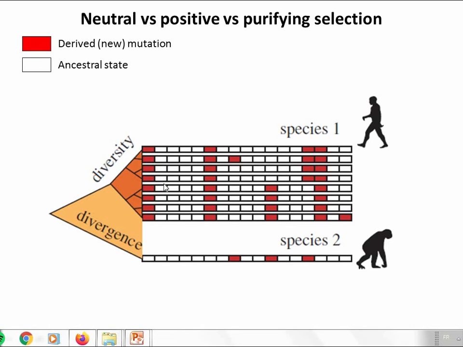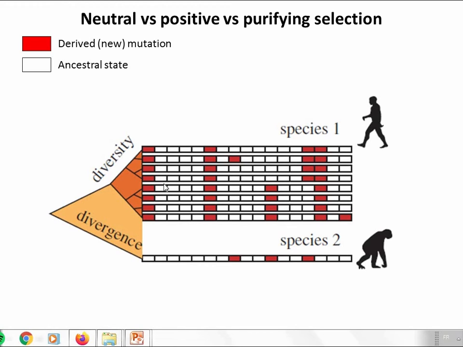If we talk about genes, a mutation can affect the protein sequence or not. If it doesn't affect the protein sequence, it will be mostly under neutral selection, and if it affects the protein sequence the gene encodes, then the likelihood is that most of these non-synonymous mutations will be deleterious.